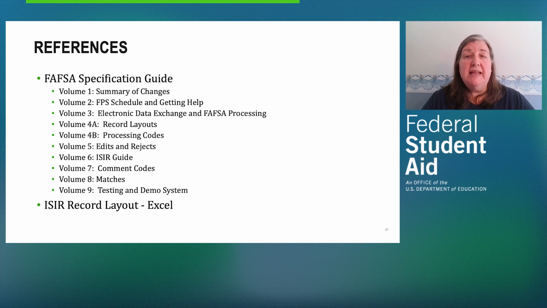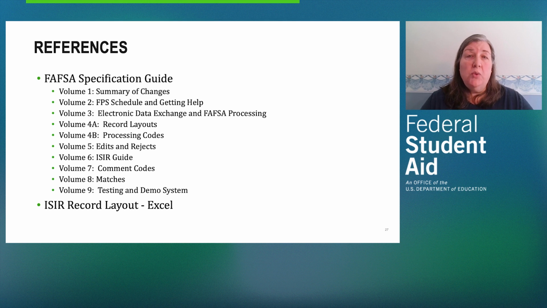Volume 4B now contains all of the processing codes. So now between splitting up in between those 2 volumes, it makes it a little bit more manageable for that information. And like I said, along with the 9 volumes, there is also the Excel record layout for the ICER.